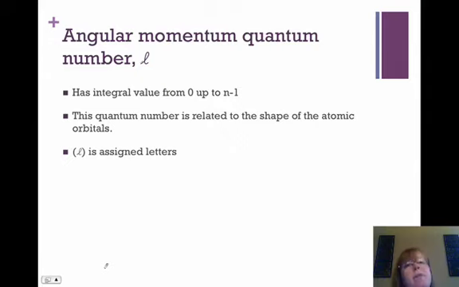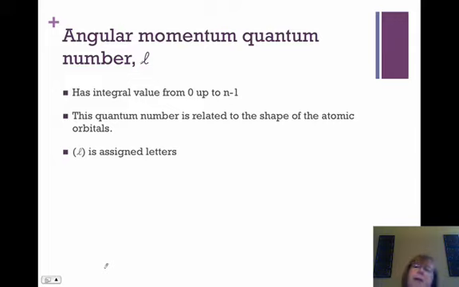Well, the angular momentum quantum number is a lowercase l in cursive handwriting. It has a value from 0, but it has an upper limit based on the principal quantum number of n minus 1. This quantum number is going to tell us something about the shape of our orbital.